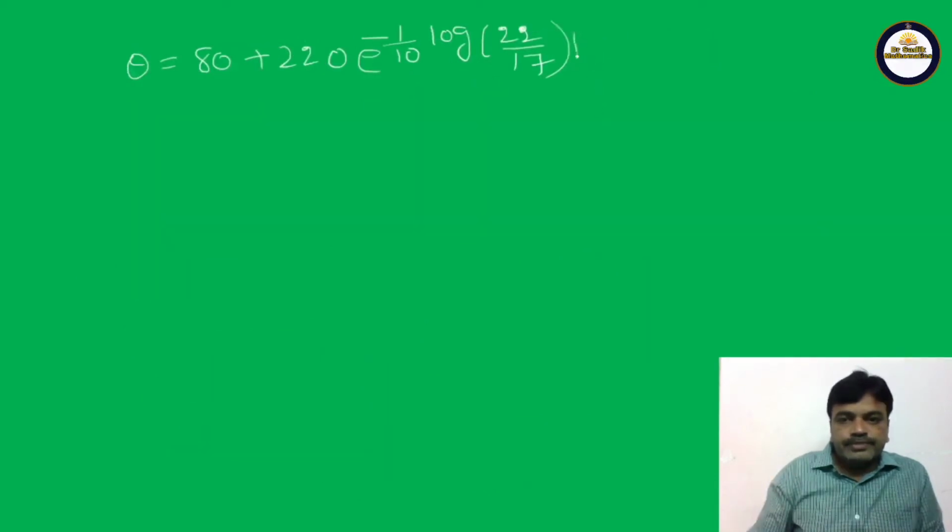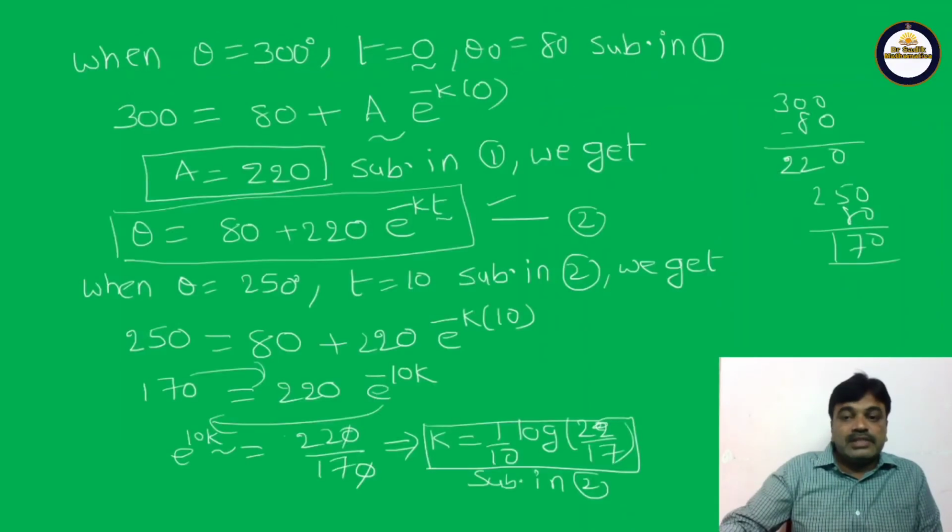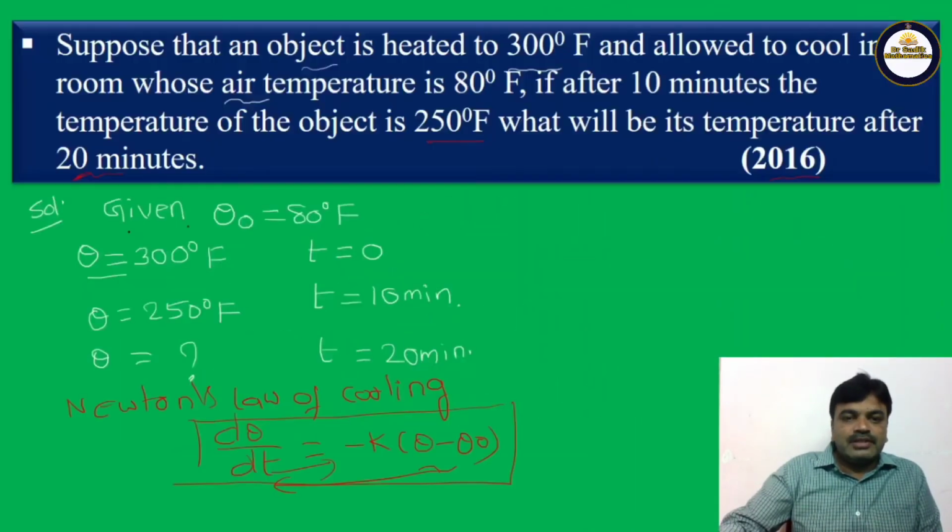So this is equation 3. Now what is the last equation, friends? We are finding θ here when t is equal to 20.